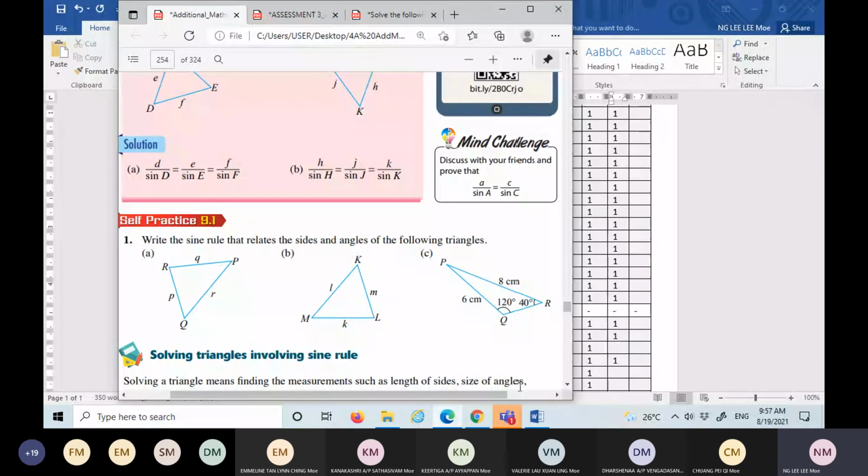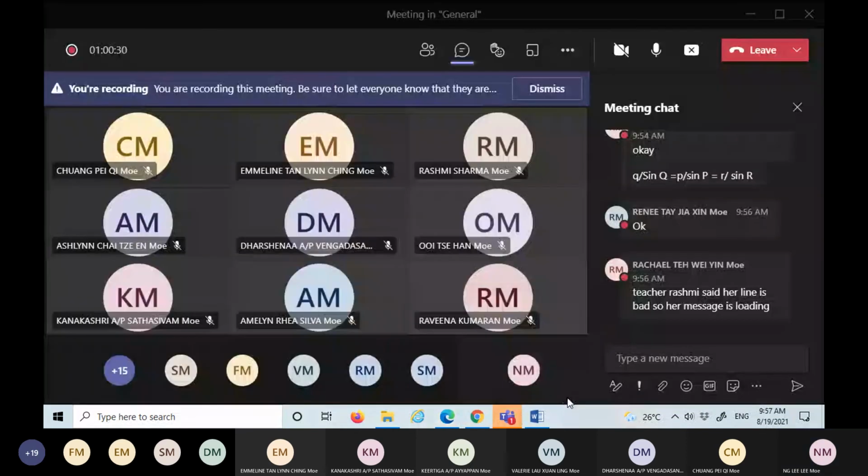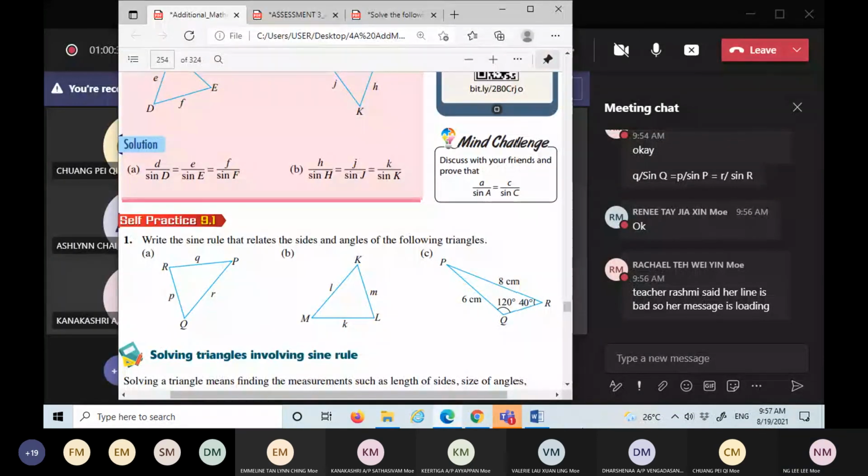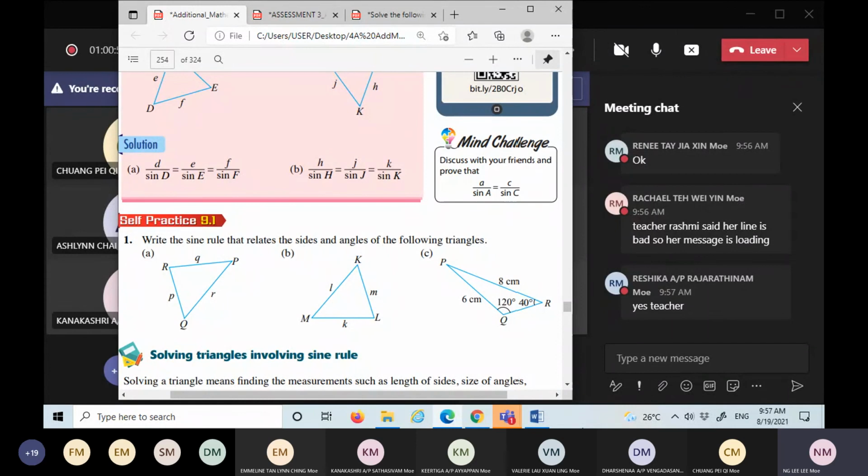Can you do 1B? Is Rashika here? Okay, can you do 1B?